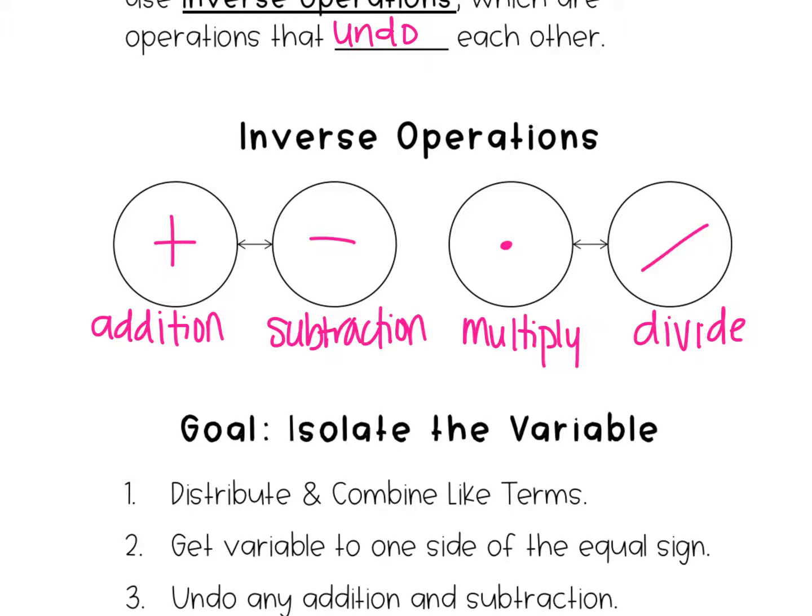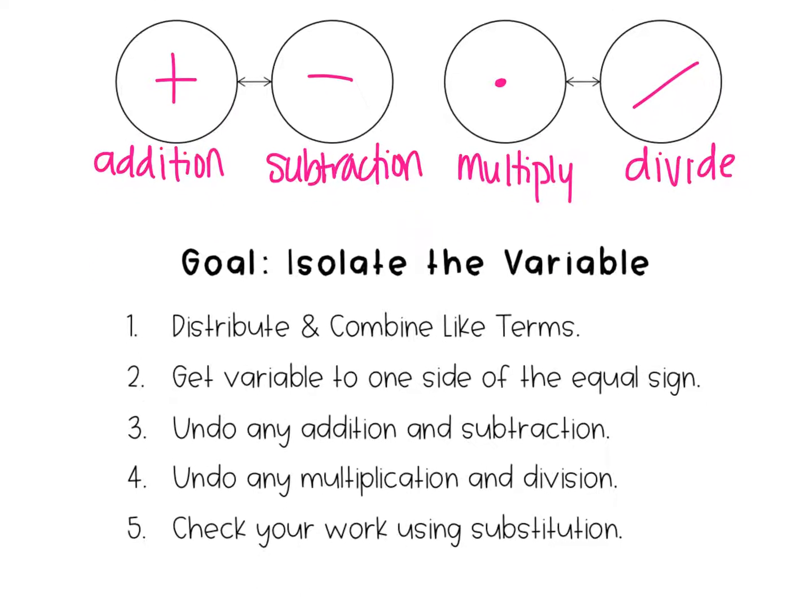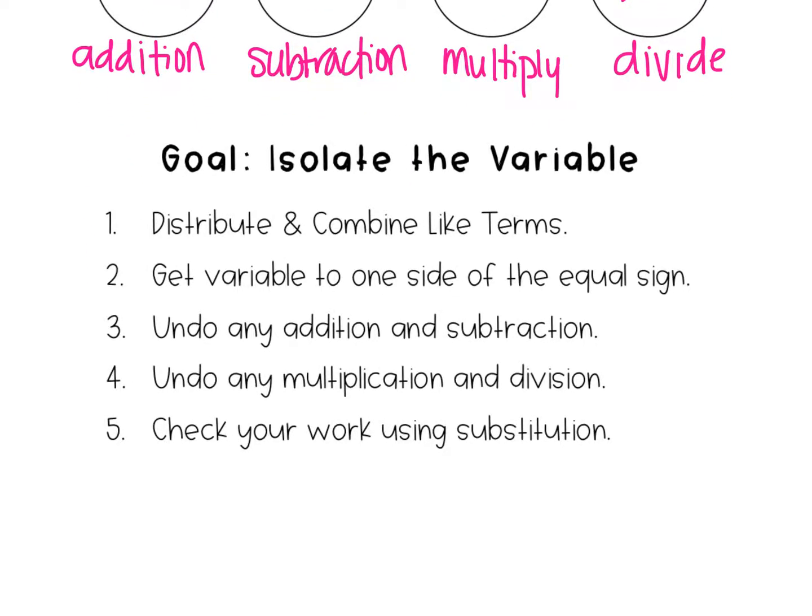Okay, so we're going to perform these inverse operations to solve equations. When you're solving an equation, your goal is to isolate the variable. In other words, you want the variable to be all by itself on one side of the equal sign. I have listed the steps to use when you're solving an equation. Distribute and combine like terms, so that's why we spent some time doing those notes.